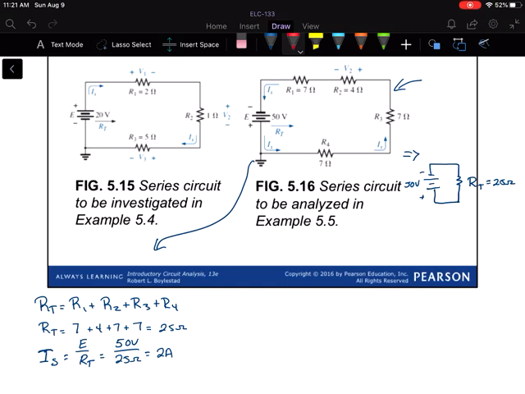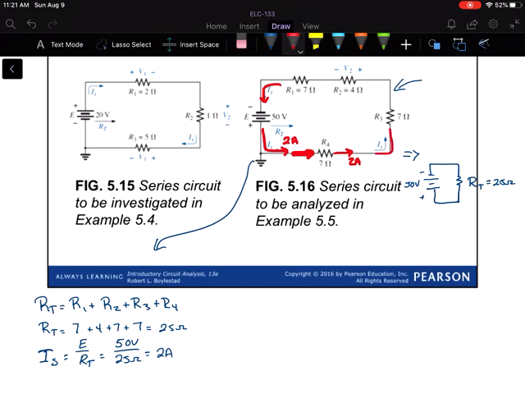Okay, so I'm going to draw this in. Remember, we said our conventional current goes from the positive back to the negative. So if we have 2 amps of current here, since R4 is in series with our source, we're going to have that same 2 amps through here.